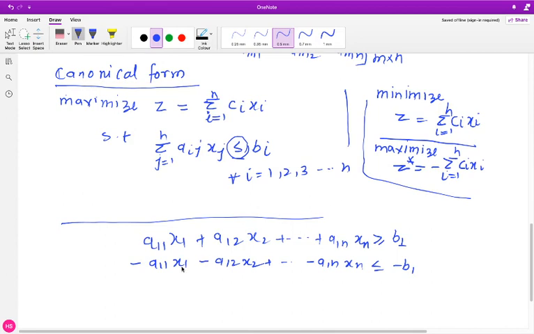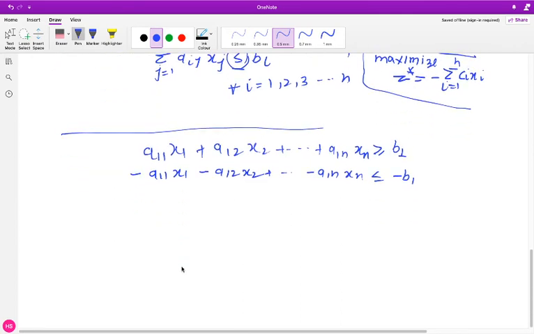So let us move to the next form of the LPP, which is the standard form. The standard form of LPP looks like this.